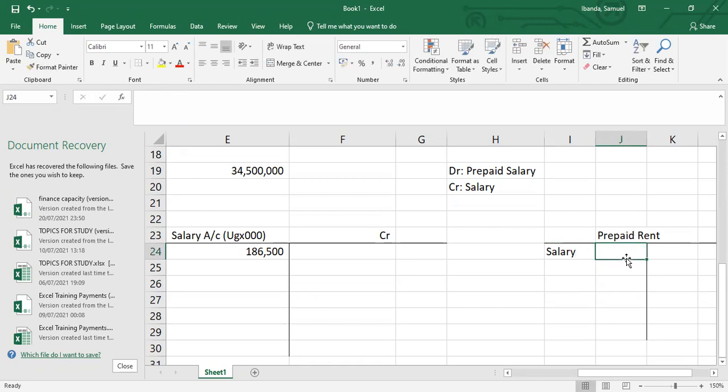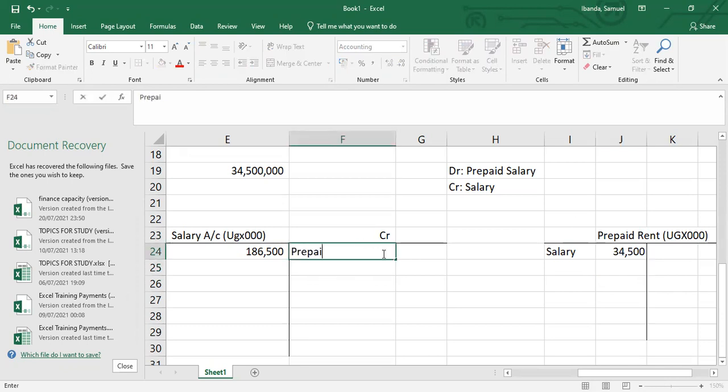So salary is 34,500, also in UGX thousands. So 34,500,000 will be there, and then I'll come here.